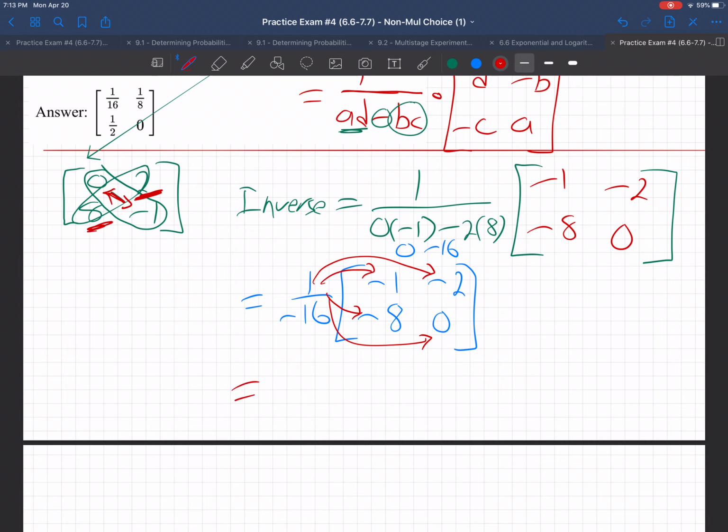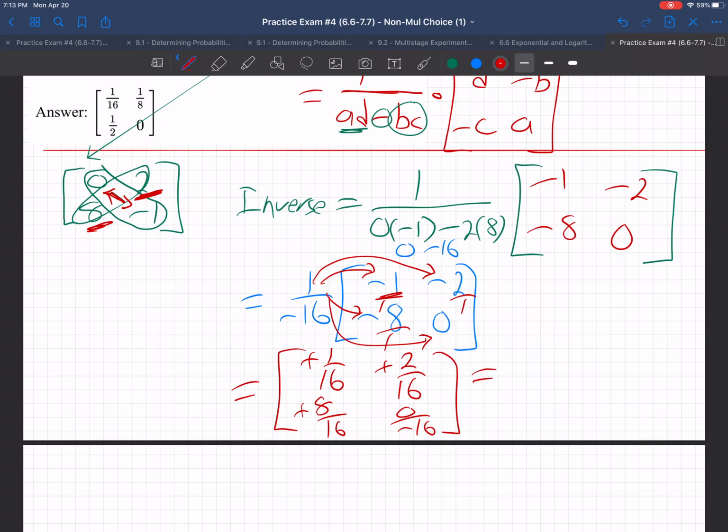So what do we get? So positive 1/16, because this is negative times negative. And again, positive 2/16, because this is 2 over 1, 1 over 1, 8 over 1, positive 8/16, and 0 over minus 16. Simplifying those fractions, what are we going to get?